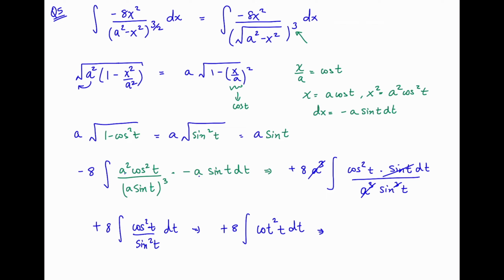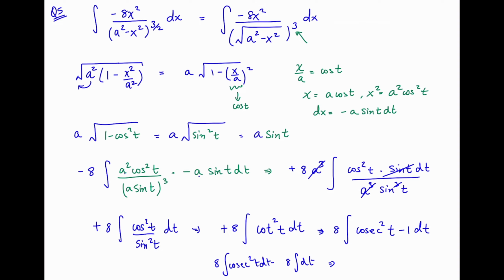So one identity that you need to remember here will be this one. So 8 times cotangent squared t can be written as cosecant squared t minus 1, and 8 cosecant squared t minus 8, you split up the integrals.